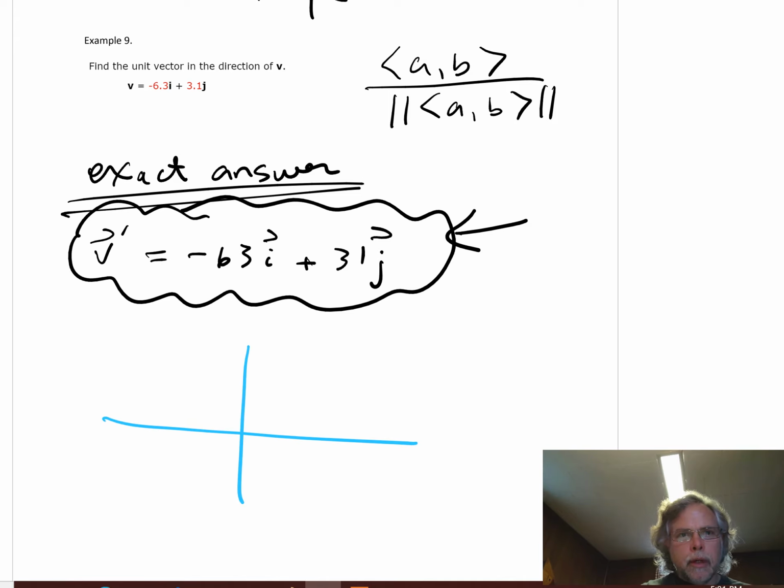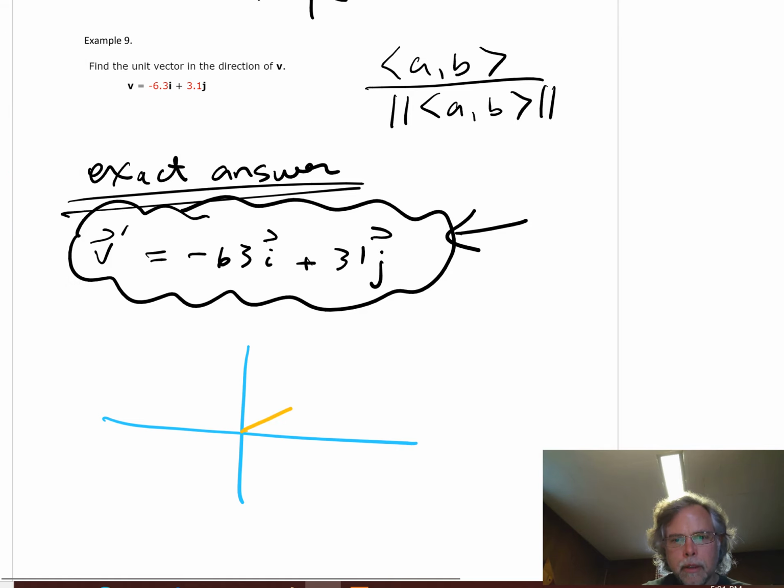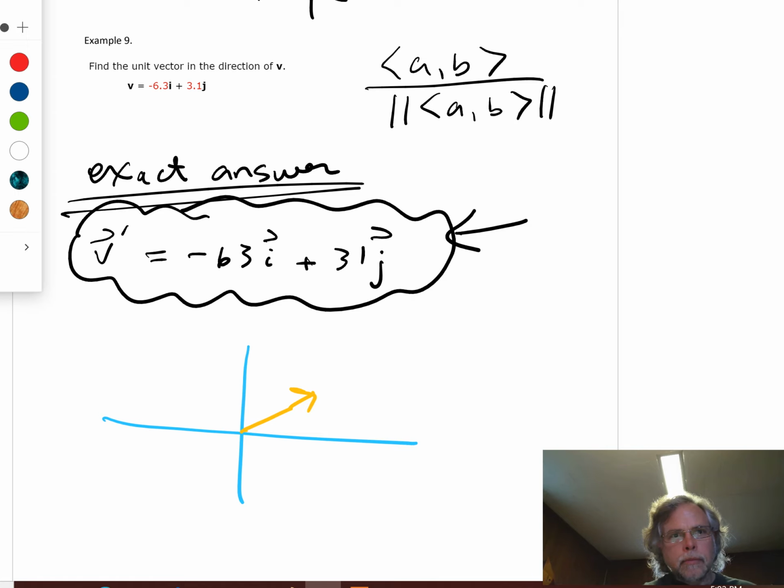So it's probably easiest to understand with a picture. We have a problem with a vector v, and that is to find the unit normal vector, which is going to be something like that at the end of the day, of length 1. But v has kind of messy numbers with decimals, so I multiply them both by 10 to clear the decimals. So I'm changing from v to v prime.